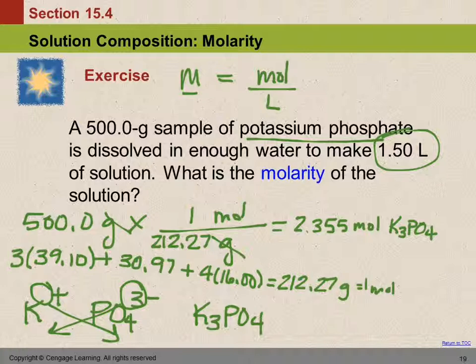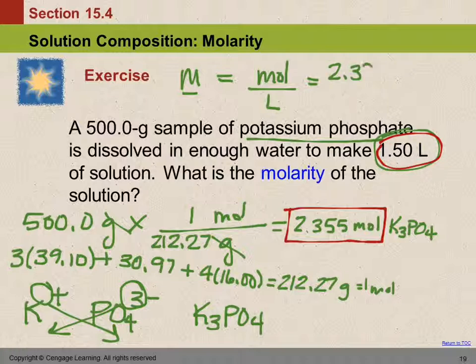Now we have what we need. Here we have the moles of the solute and the liters of the solution. And so we can take these and plug them into our equation. We've got 2.355 moles divided by 1.50 liters.